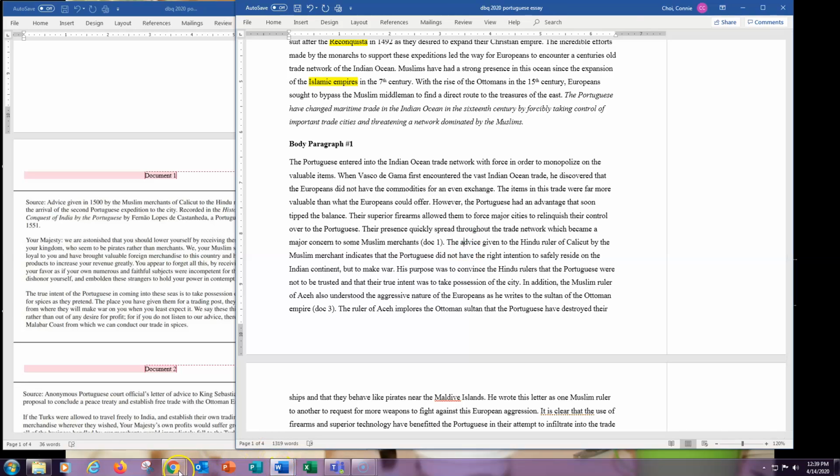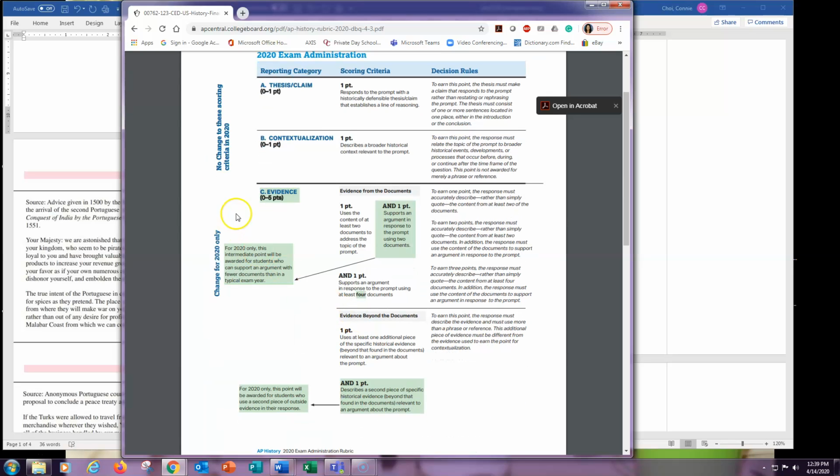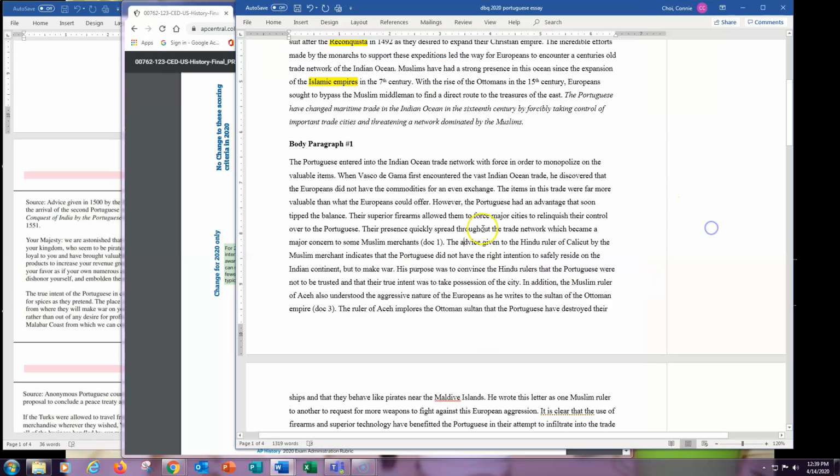Now that is what you're supposed to do, as you can see from this rubric. Under evidence, you are supposed to use the content of the document to address the topic of the prompt. So here we see that you have to earn at least 3 here by citing at least 2, but we don't want to do 2, we want to do 4.